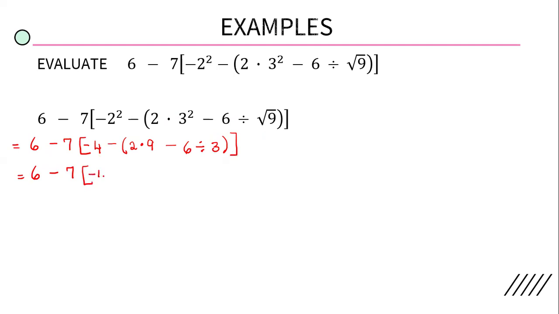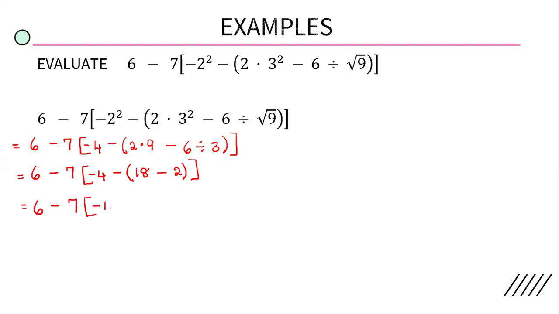We have negative 4, my negative sign, dealing with my inner bracket. 2 times 9 is 18. Subtracting 6 divided by 3. 6 divided by 3 is 2. Close bracket. Bringing down my 6, my negative 7 minus 7.